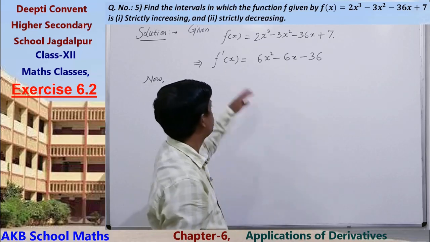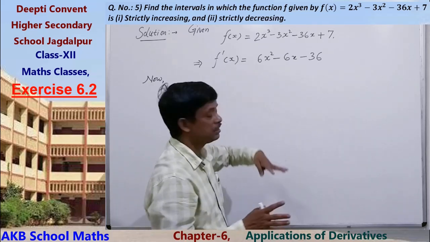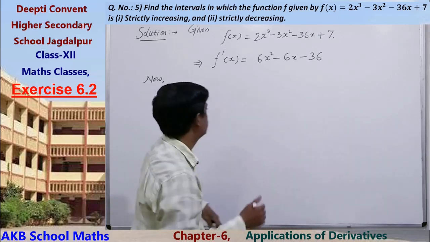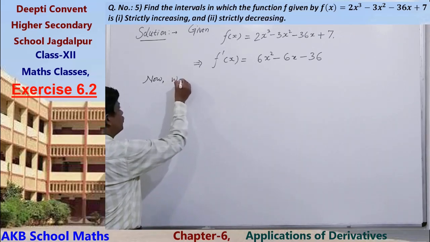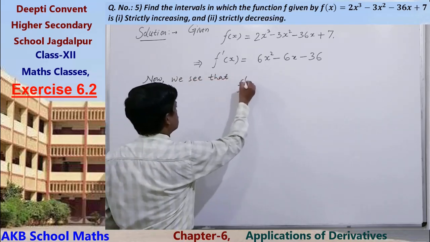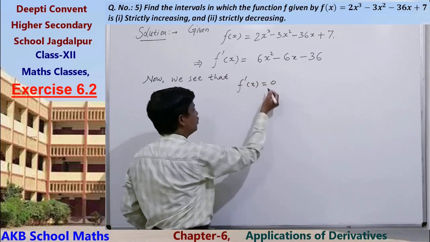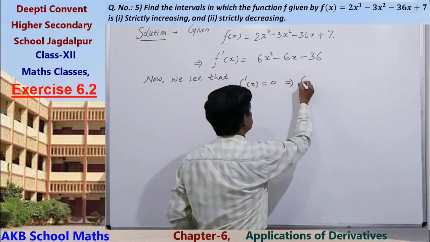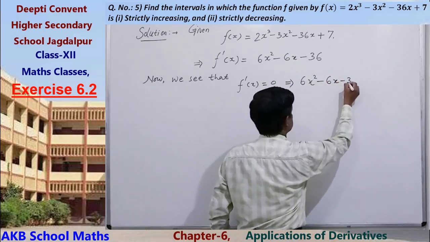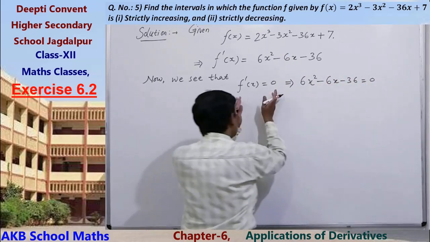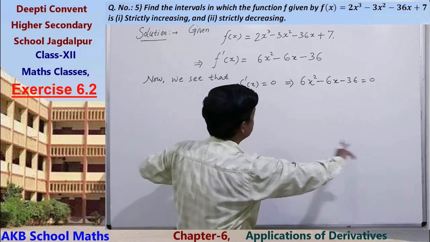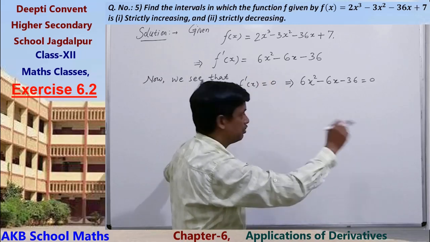For that, we take f dash x equals 0. So f dash x equals 0 implies 6x square minus 6x minus 36 equals 0. By this, we find the value of x for dividing the domain, that is the whole real numbers.